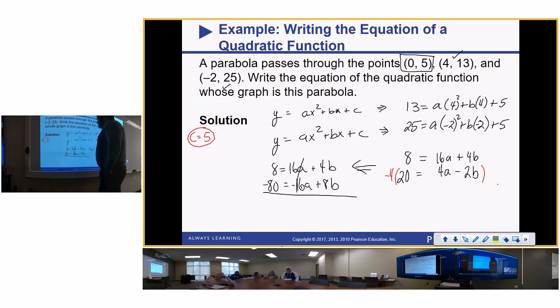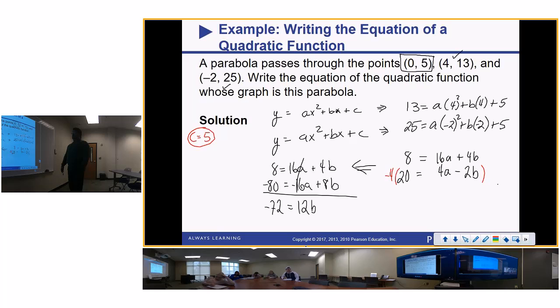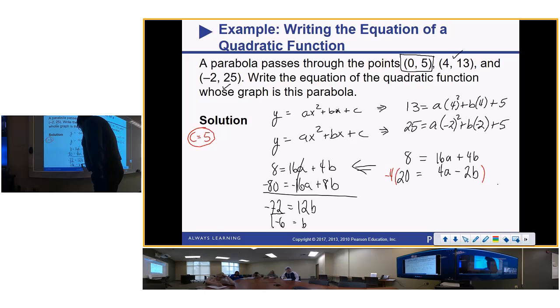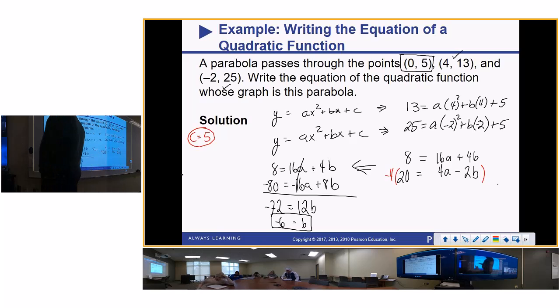They go out. 8 minus 80 is negative 72. And what's 4 plus 8? Negative 72 over 12, so b is equal to negative 6. Y'all check my math. You're good.